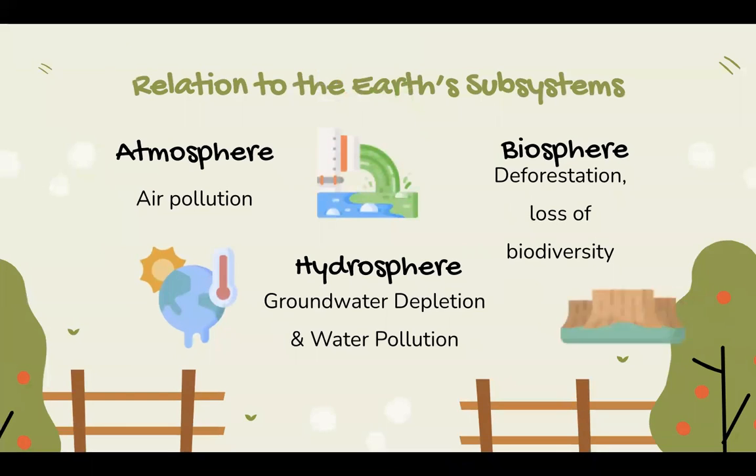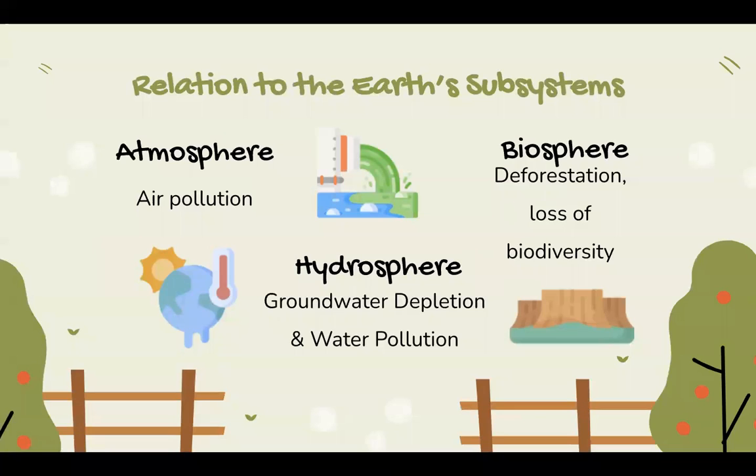What relation does this have to the Earth's subsystems? Well, it affects a lot of them. The atmosphere gets depleted because of air pollution and greenhouse gases. The hydrosphere: chemical runoff pollutes waters, and the water-intensive practice of industrial farming causes groundwater depletion.